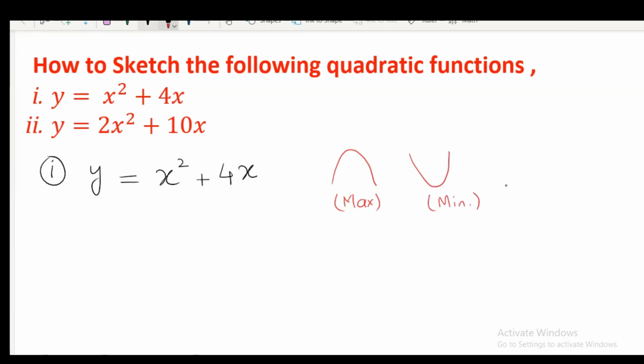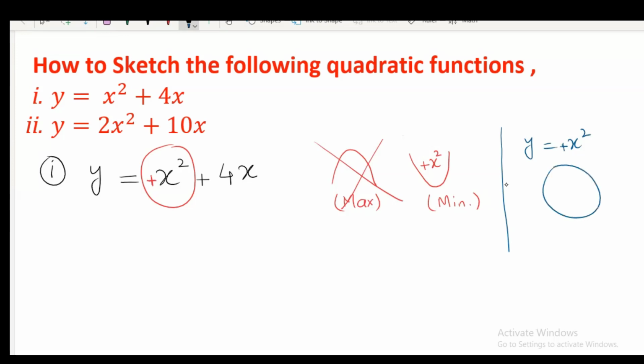Here the coefficient of x squared is positive, so for positive x squared we have to sketch the minimum value function parabola. You can memorize this as a happy face.